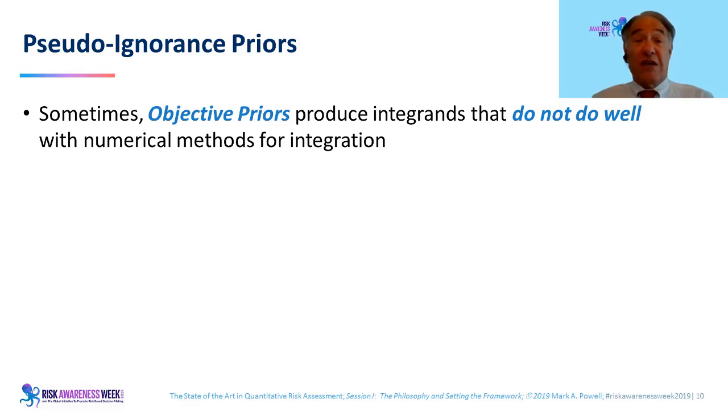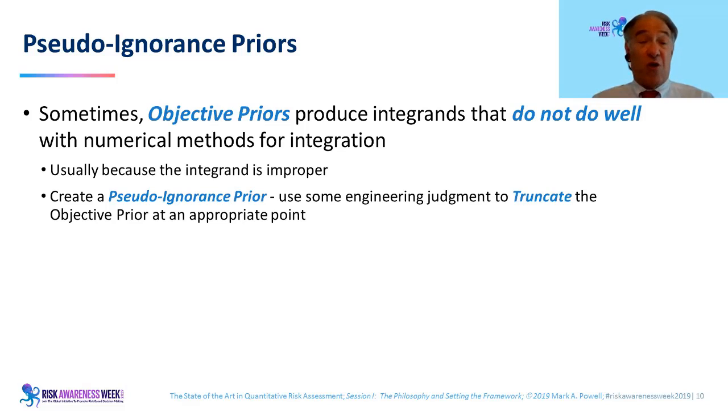That obviously violates the third axiom of probability, since the total probability has to be 1. So when we have an integral that goes to infinity, we've got a problem with our models. But we can address that by using a pseudo-ignorance prior, such that the numerical methods will work. Usually the integrand is improper, almost always it is.